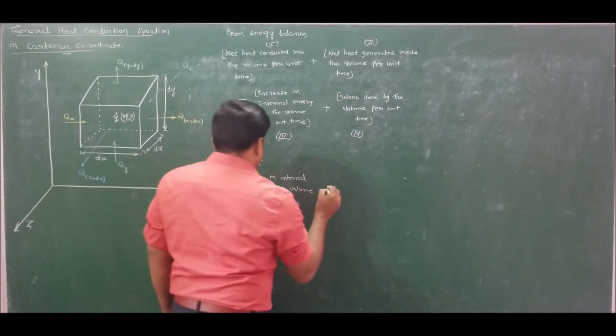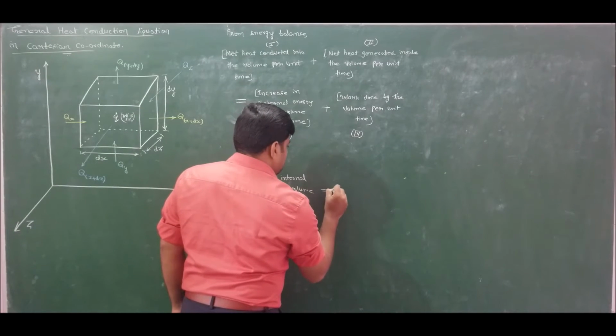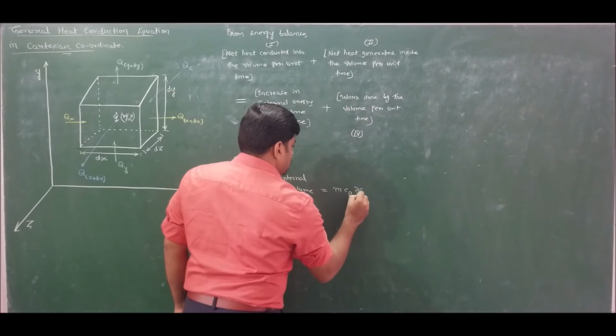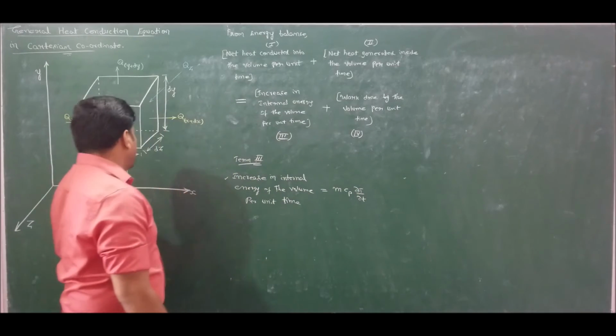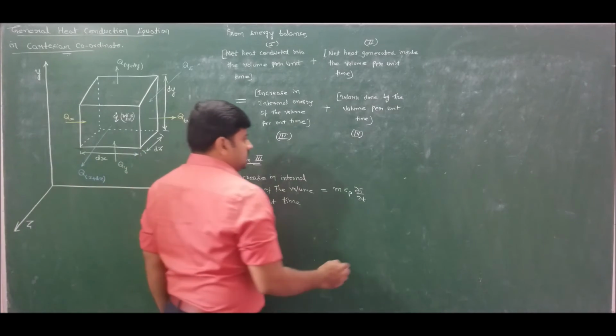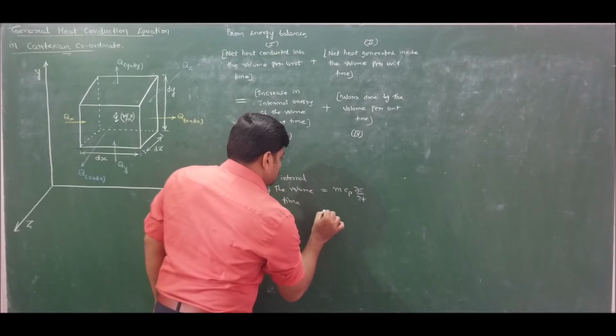We know that the formula for internal energy is given by m Cp ∂T/∂t. Now I don't know what the mass of this volume is, but we know that mass is equal to density times volume.